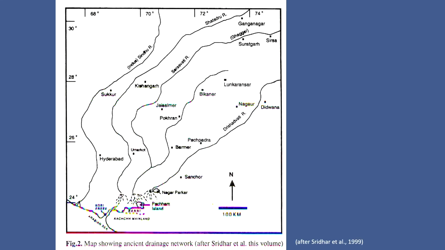So the major rivers which used to flow were the Saraswati in this region, and then the Indus, or Shatadru as they call it, and the Shatavati was another major river which used to flow and debouch into the then existing shallow arm of the Arabian Sea.